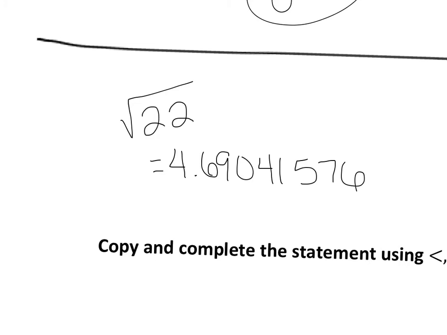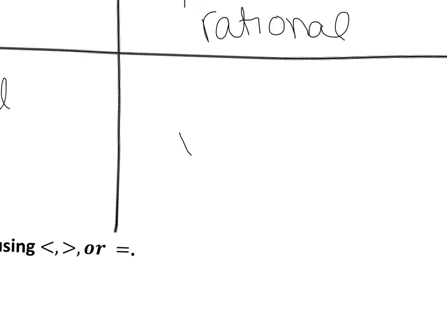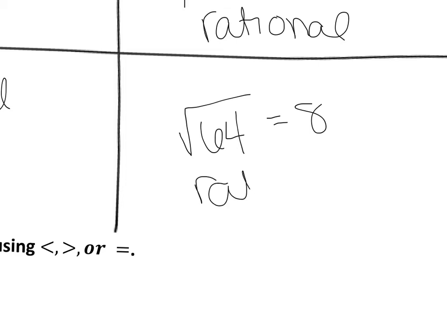If you notice that there's nothing repeating and it doesn't ever terminate, then you can go ahead and consider that an irrational number. If I have the square root of 64, hopefully you recognize that the square root of 64 is equal to 8. Since it's equal to 8, that is a whole number. That is a rational number. So we are going to go ahead and say that is rational.